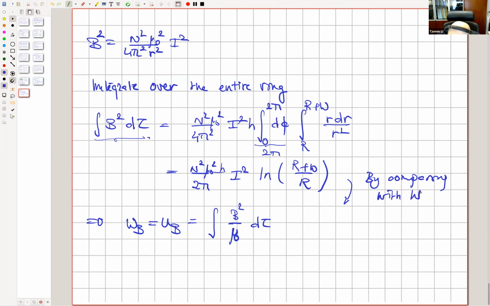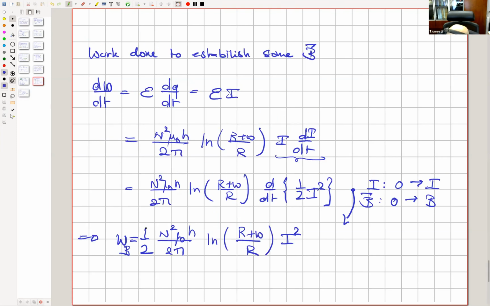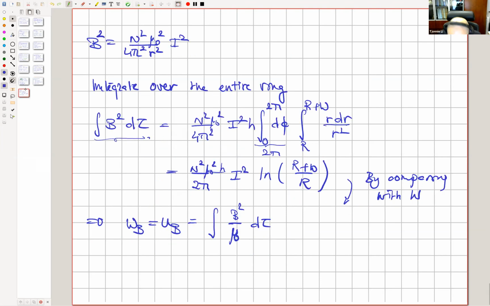Yes, because this here has a factor of a half, so it would be half here. And so indeed, actually let me not confuse people, let me just use W here. So small u, which is the energy density, is simply a half B squared over mu naught.